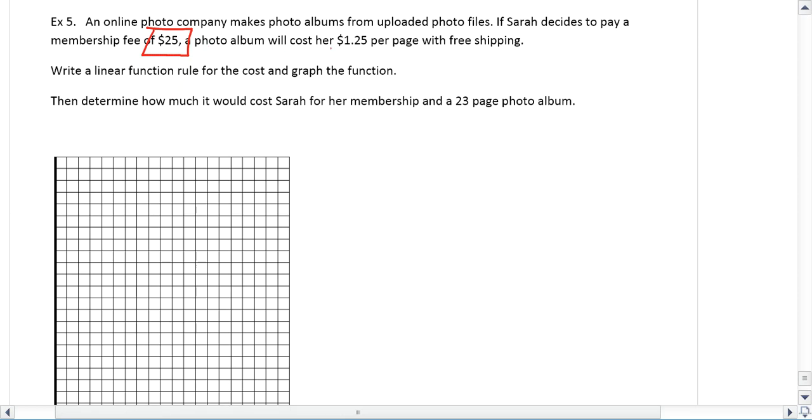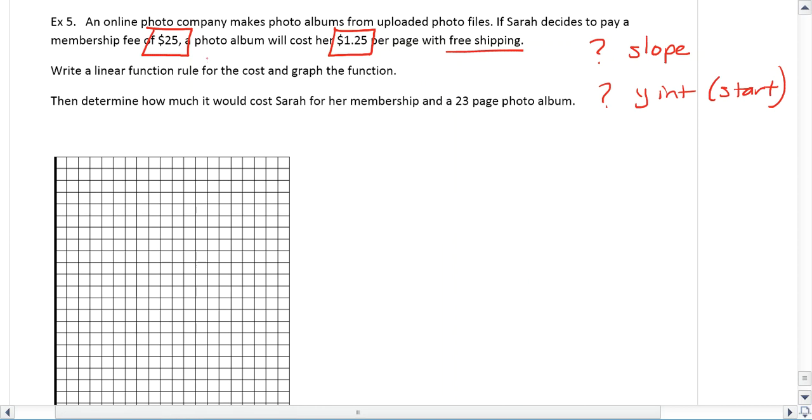A photo album that she orders will cost her $1.25 per page, and she does get free shipping with her membership. So now you're looking at this from the point of view of which one of these numbers is the slope or the change, and which one of these numbers is the y-intercept, or what we refer to as the start.